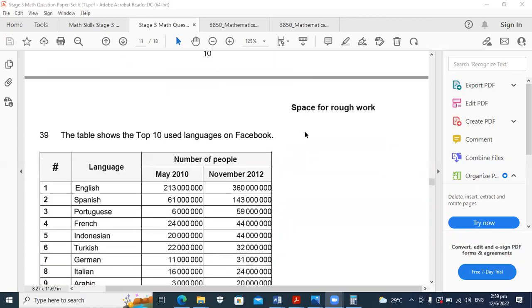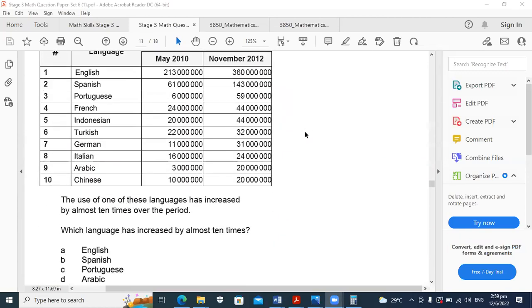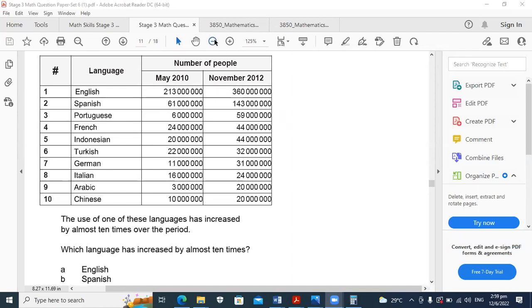Let me see if, all right. So here's another table.